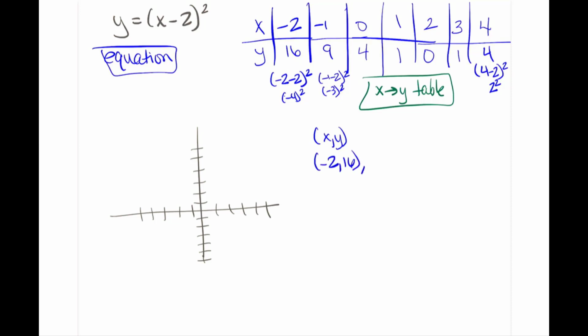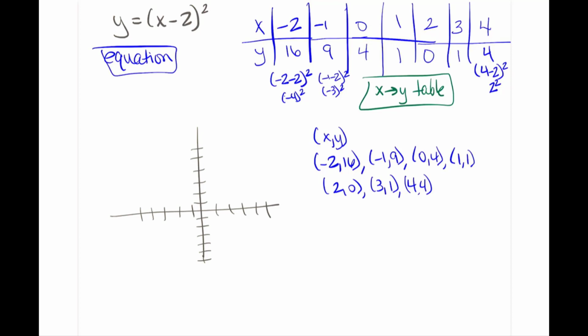The next point I could get would be (-1, 9), (0, 4), (1, 1), (2, 0), (3, 1), and (4, 4). I just got all of those from our table, our x and our y. There's a relationship between these. When I use the input, I ended up getting this output.